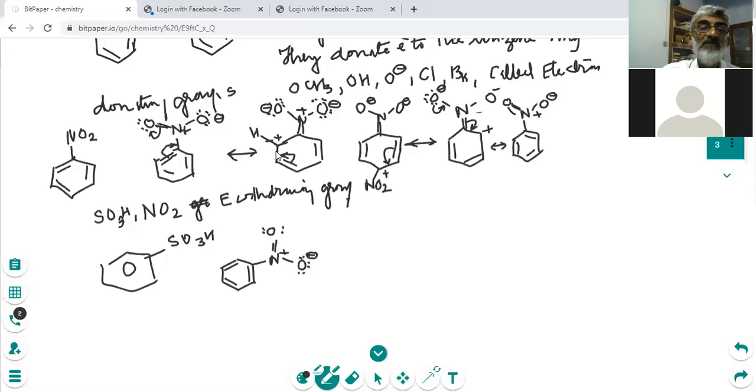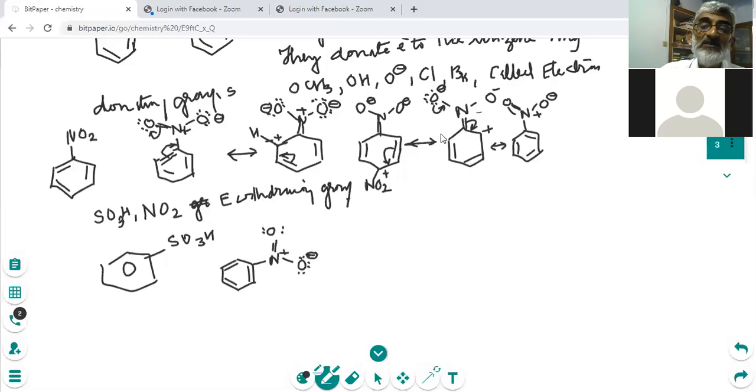Now this positive charge is getting delocalized. From this position it goes to this position, and from here it gets spread all over the ortho positions and the para position of the benzene ring.